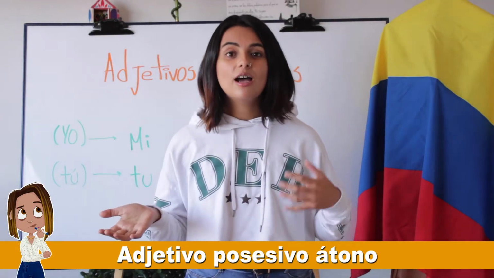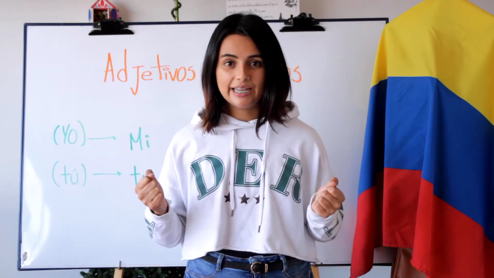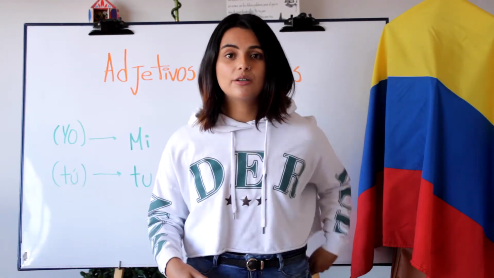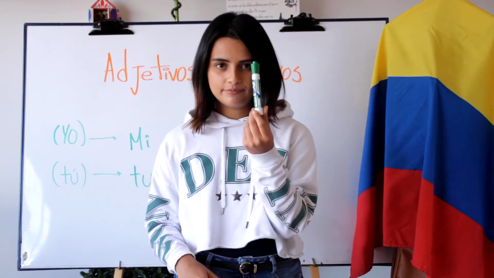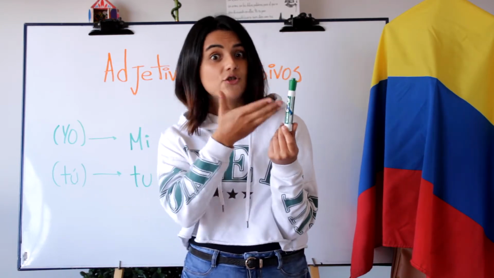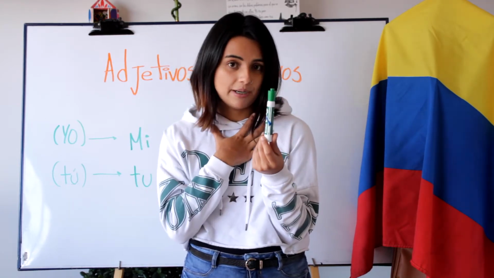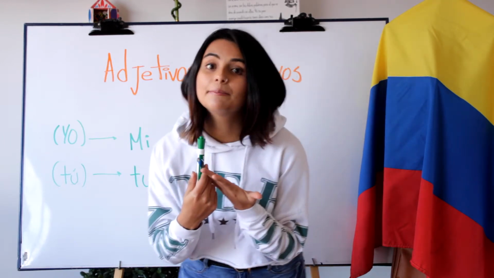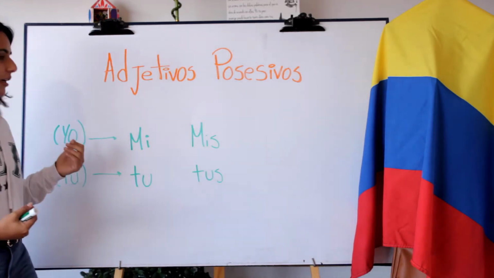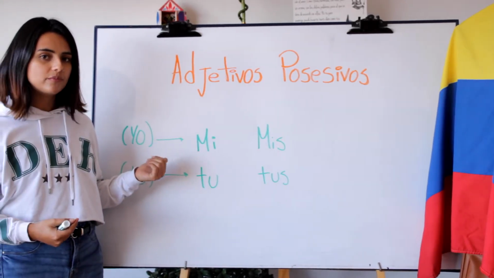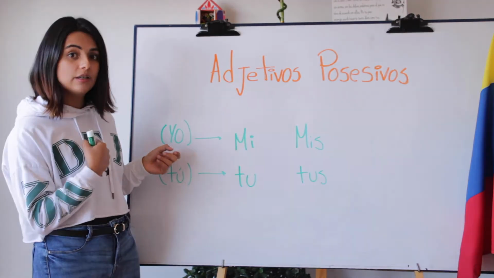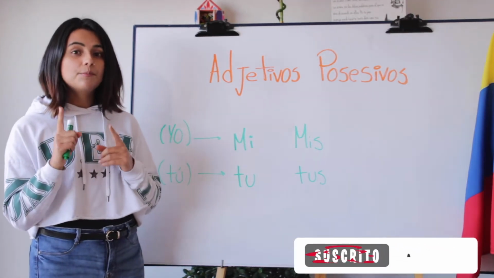Adjetivo posesivo átono. Okay? That means that when you're talking about the marker and you want to say that it is your marker, for example, my marker, I would say mi marcador. When we are talking about ourselves, yo, it's important that you know the personal pronouns.